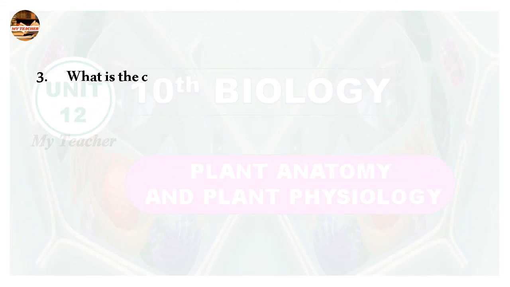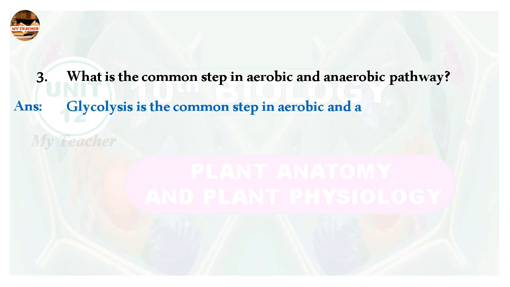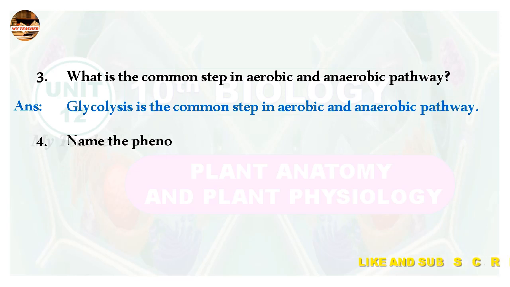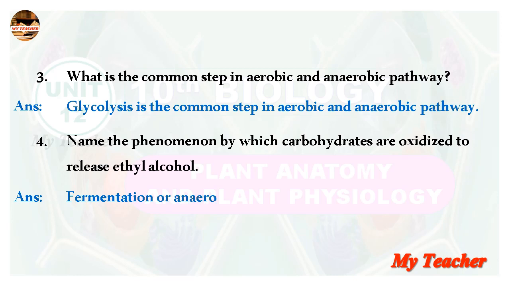What is the common step in aerobic and anaerobic pathway? Answer, glycolysis is the common step in aerobic and anaerobic pathway. Fourth question, name the phenomenon by which carbohydrates are oxidized to release ethyl alcohol. Answer, fermentation or anaerobic respiration.